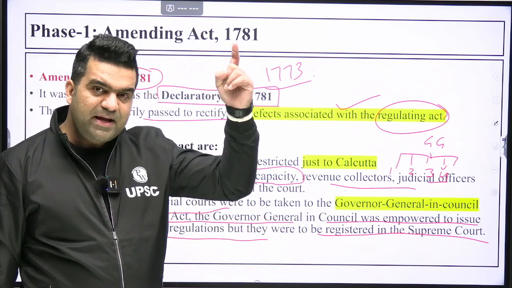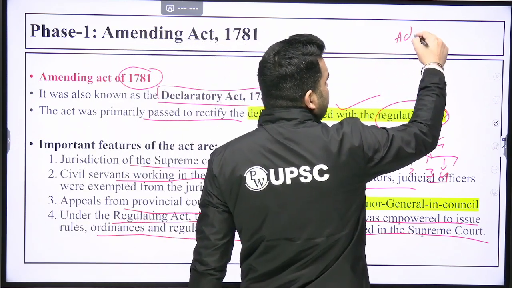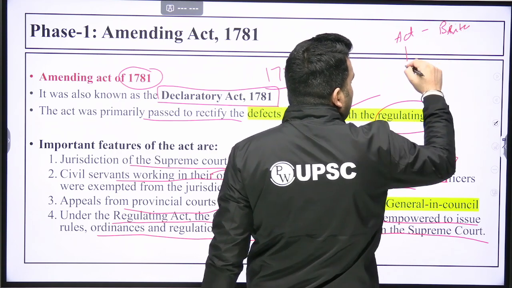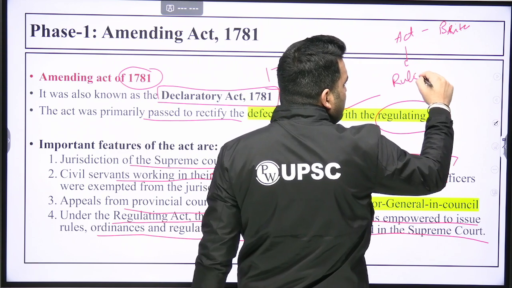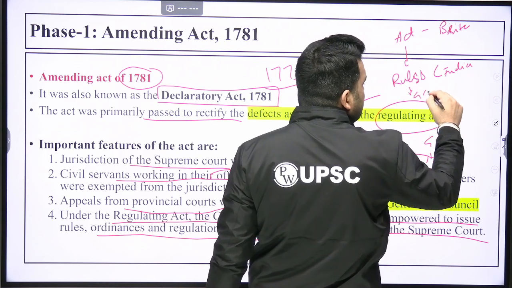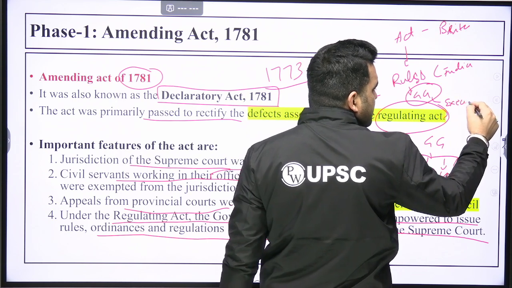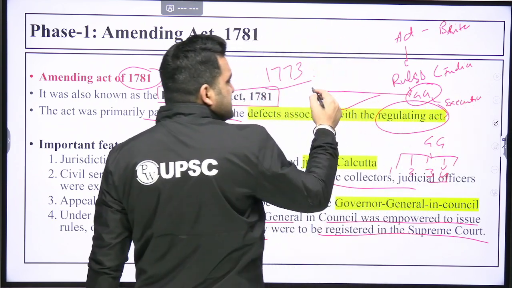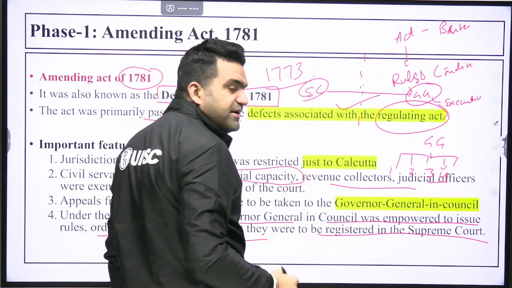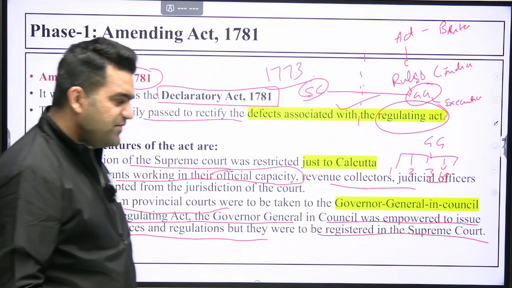Law would be made by the British Parliament, but whatever rules are required at the ground level in India could be framed by the Governor General. But since the Governor General is an executive organ, these rules are to be placed before the judiciary. So separation of judiciary from executive found mention in this Act of 1781.